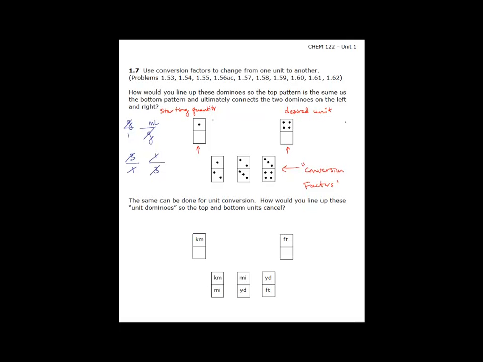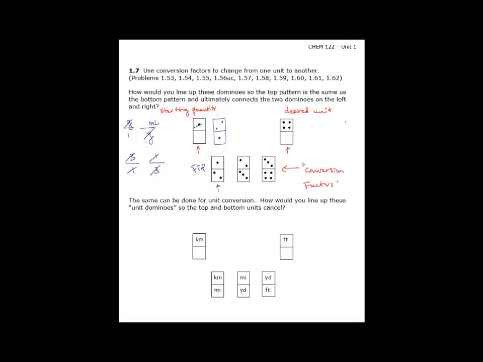So this first conversion factor that I need to multiply by would be one that has a dot at the bottom. So I've taken this conversion factor and flipped it. You can imagine picking it up and flipping it. So now I have my 2 dots here.